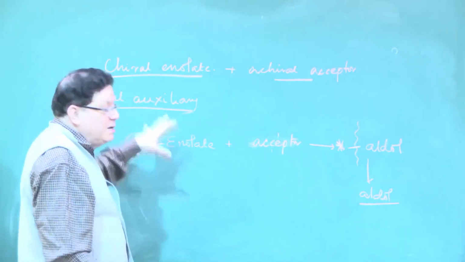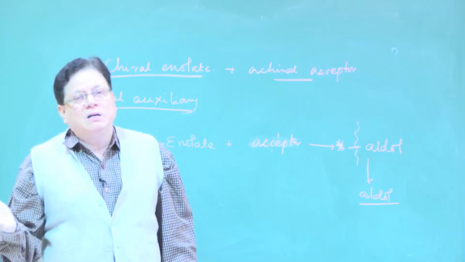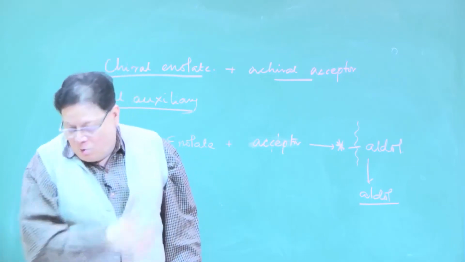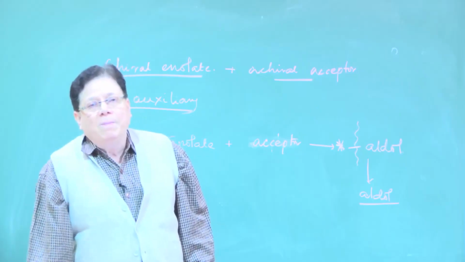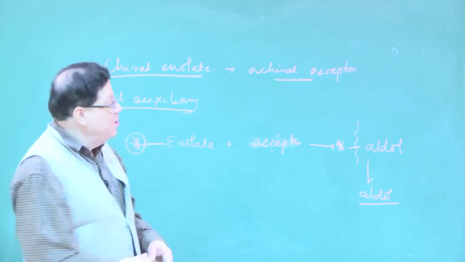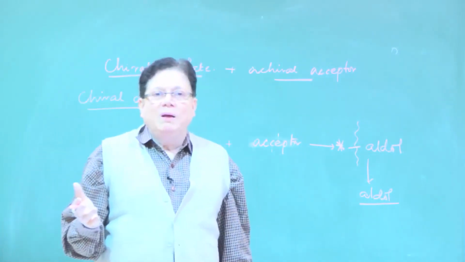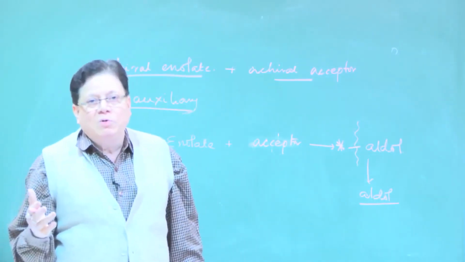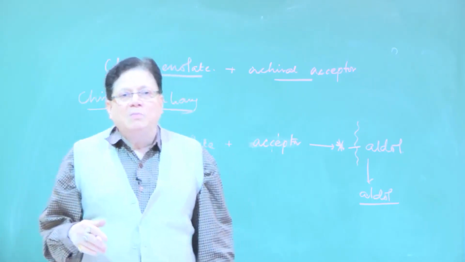This auxiliary is also a chiral compound which is available from natural sources, and the one that I am going to describe is actually obtained from amino acids, because amino acids are available in one particular chiral form and mostly in the L form. Okay. D forms you can get, but they are much more costly.